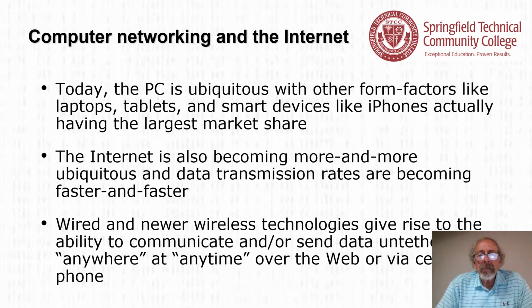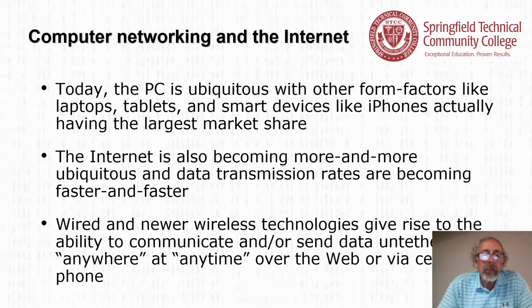Today, the PC is ubiquitous, with other form factors like laptops, tablets, and smart devices like iPhones actually having the largest market share. The PC having the largest share has long since passed by. The internet is also becoming more and more ubiquitous, and data transmission rates are becoming faster and faster.